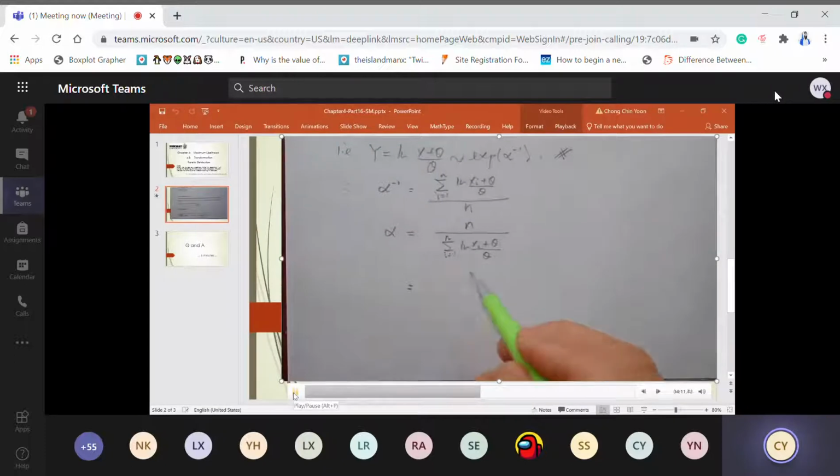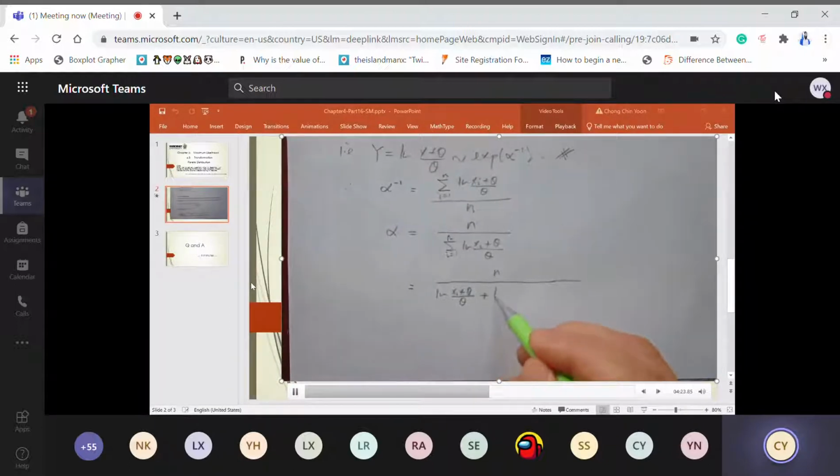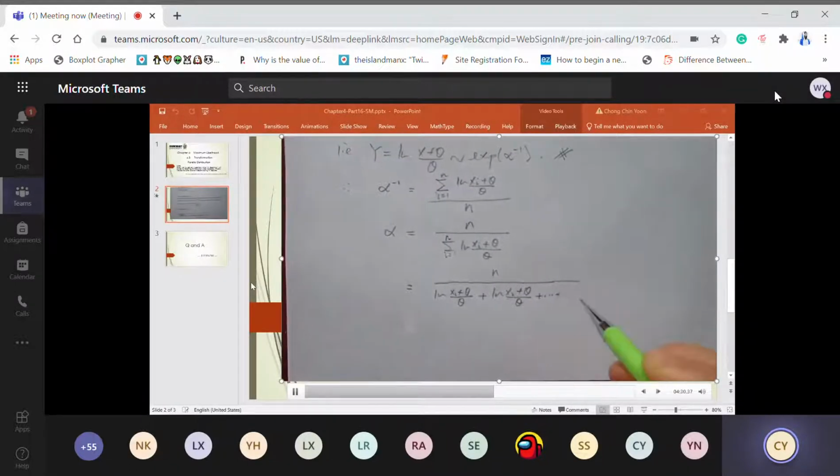So now we try to expand the denominator, and so we will have log((x1 plus theta) divided by theta) plus log((x2 plus theta) divided by theta) plus, until log((xn plus theta) divided by theta).